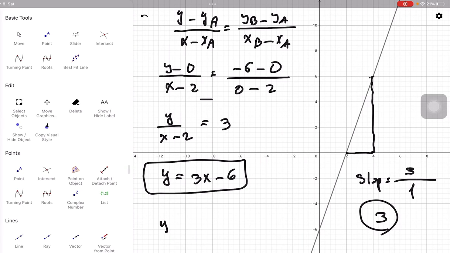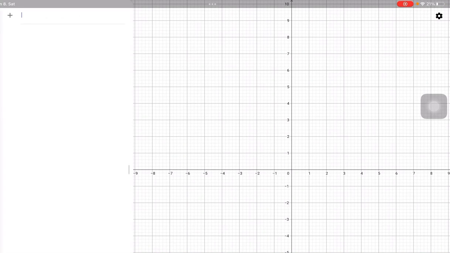Okay, and I can use a new formula: y minus ya is equal to slope multiplied by x minus xa. y minus 0 for point A equals slope 3 times x minus xa, which is 2. In this case, y equals 3x minus 6. As you see here, with the point and with the help of the slope, we can also find the equation.